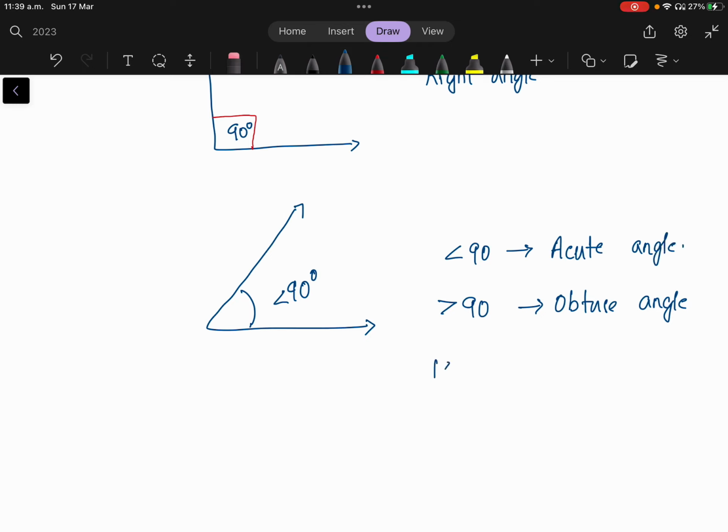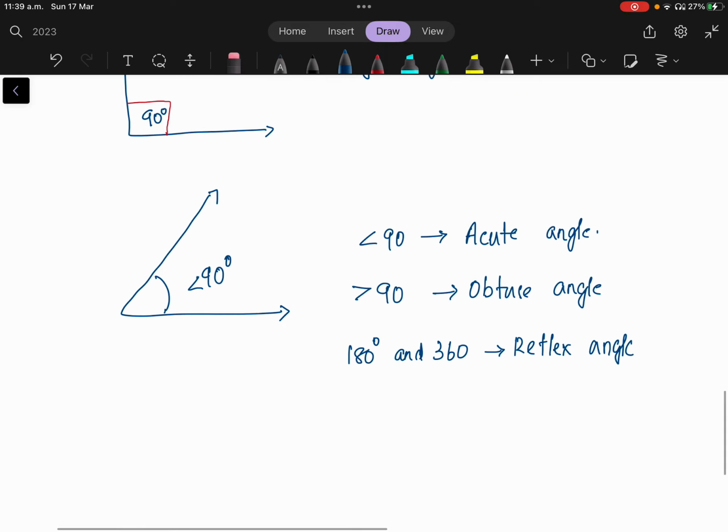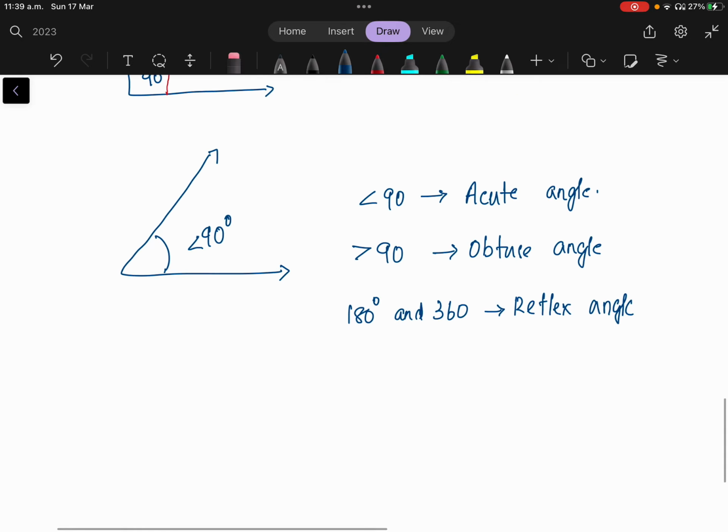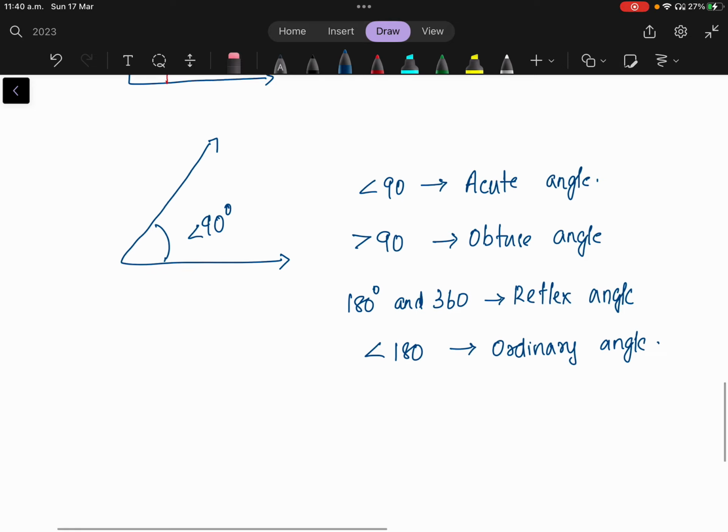An angle between 180 and 360 is called a reflex angle. And any angle which is less than 180 is called an ordinary angle. So ordinary angle we don't usually use, but it is good to know. So these are the 4 angles which you have to understand and remember.